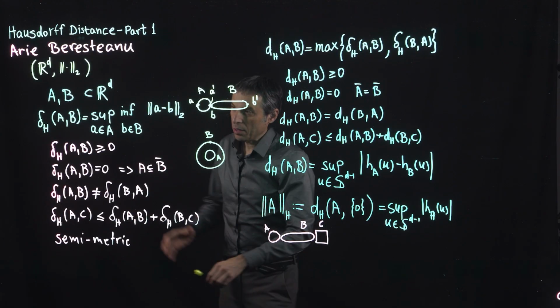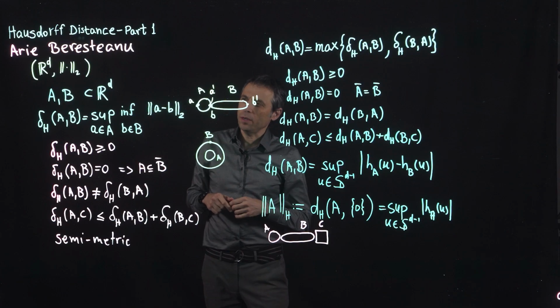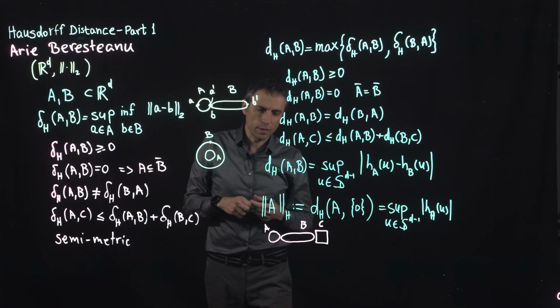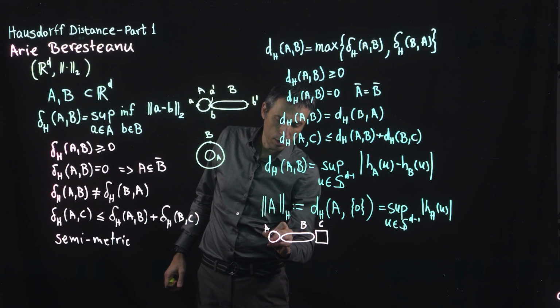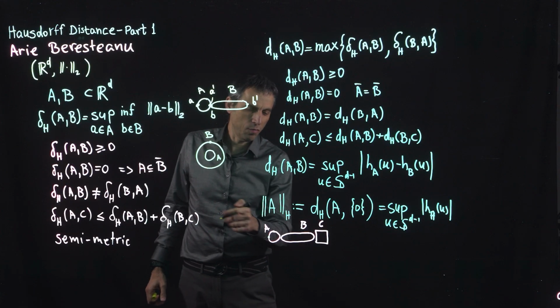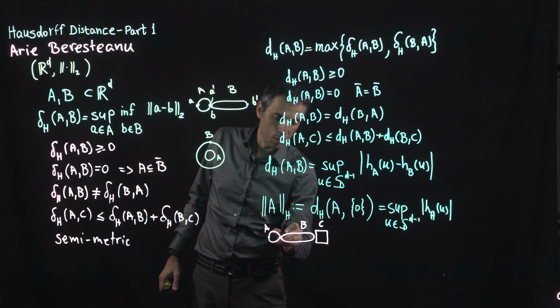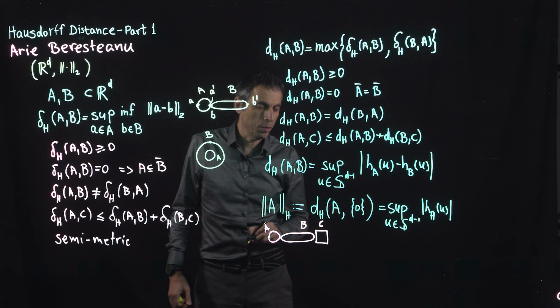Going from A to B, we stand at the farthest point from B and get to the closest point in B, which will be here.